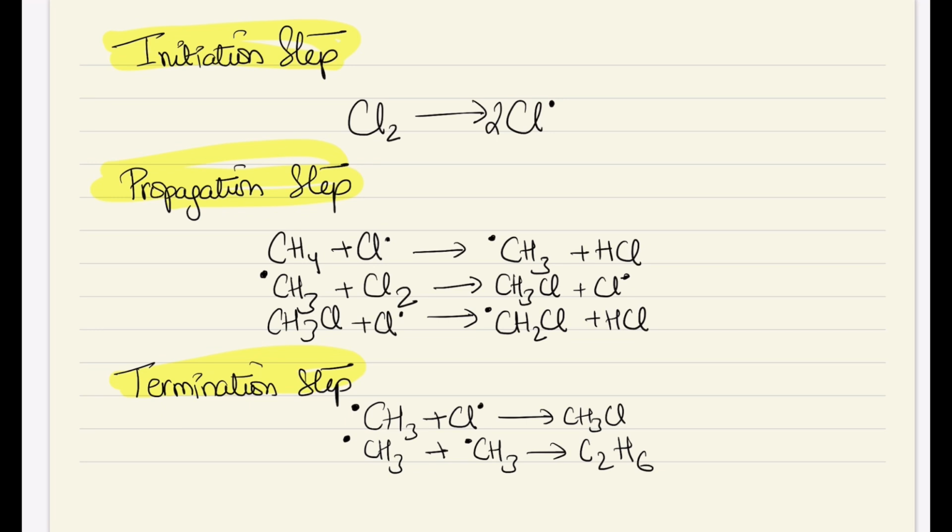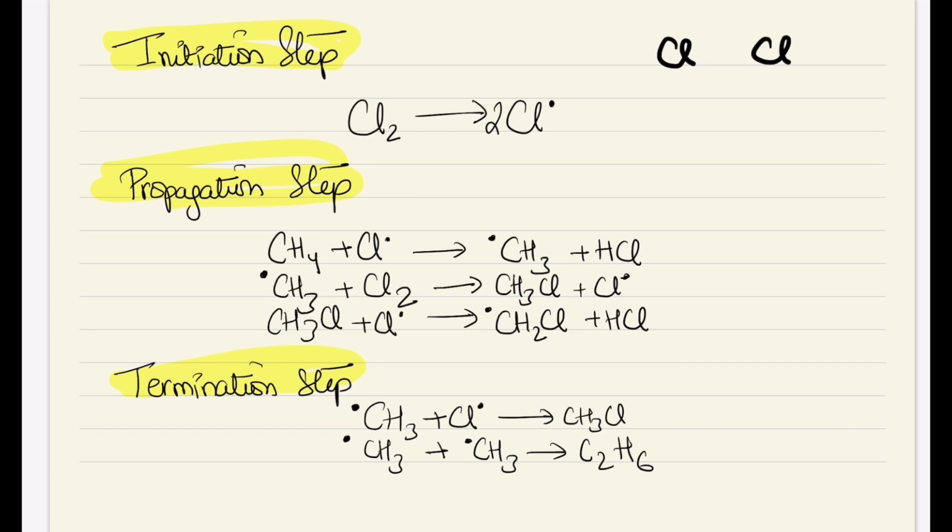So the first thing is that a chlorine molecule splits open, the bond is broken. What does that mean? So when you have a chlorine molecule, such as this one, they equally share electrons between them, right?